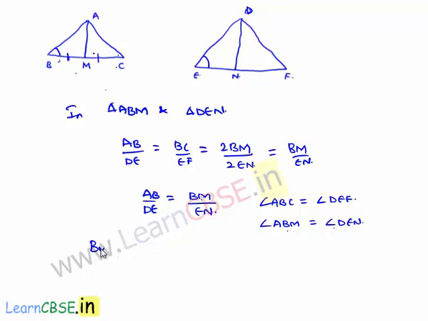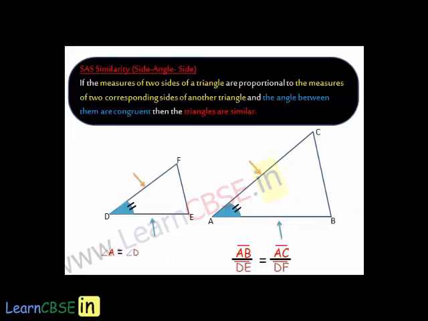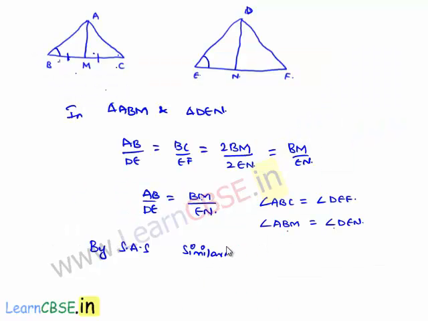Therefore, by SAS similarity, we can say that triangle ABM is similar to triangle DEN.